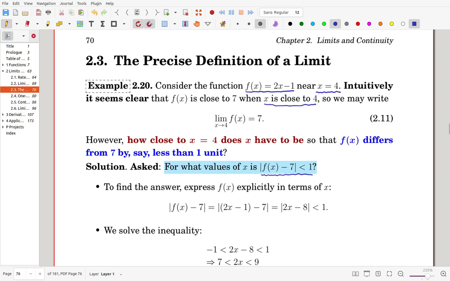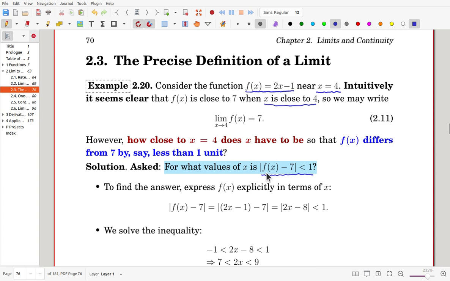So we'll try to answer this question, and we'll try to see another side of the limit, so that we'll try to define the limit more precisely. Okay, let's try to solve this question.